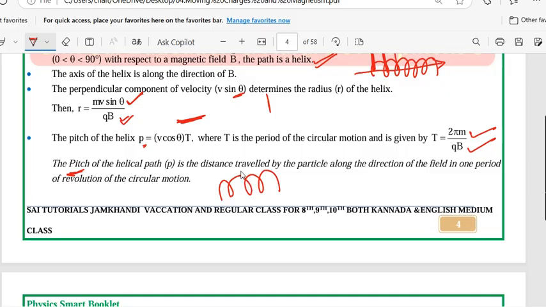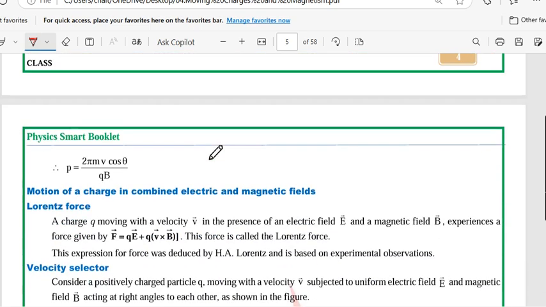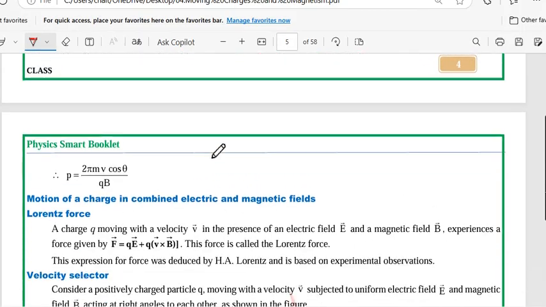So pitch is nothing but the distance traveled by the particle along the direction of the magnetic field in one period of revolution of the circular motion. This is called the pitch of the helical path.